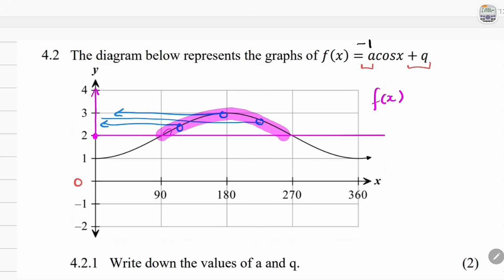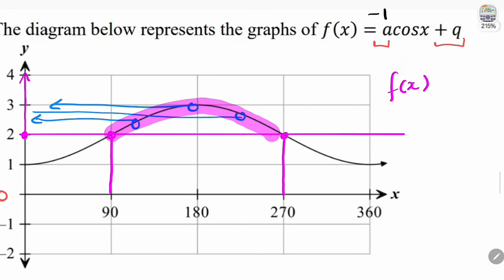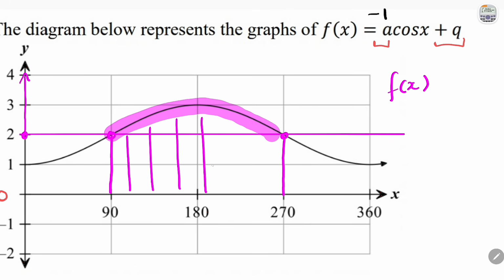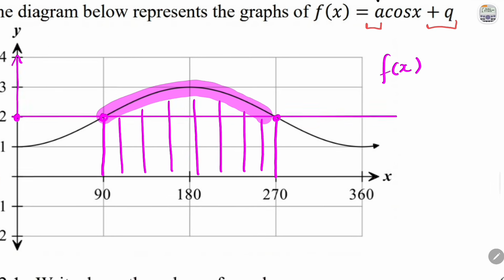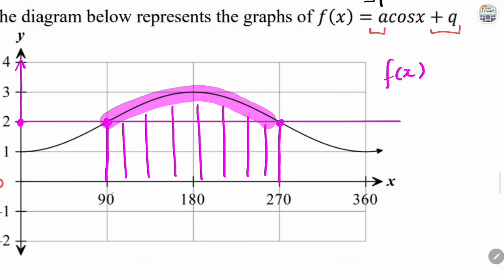Hits this horizontal line. So this is where it has a y value of 2 at 90 degrees and here at 270 degrees. Okay, so since we know that, we can just line these other parts that we have highlighted down to the x-axis. And you can see that if you line it down to the x-axis, the parts that we have highlighted or selected, this is where x is greater than or equal to 90 degrees, but less than or equal to 270 degrees.